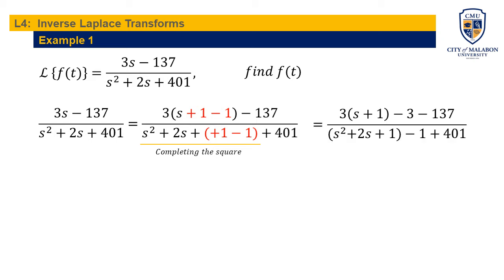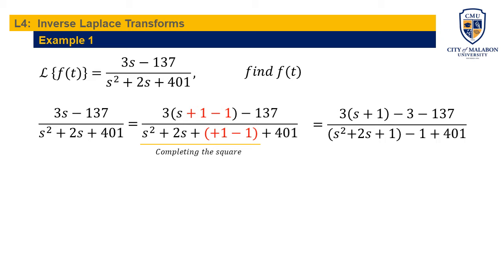Okay? So, sa pag-complete ng squares, i-simplify lang natin. So, anong nangyari dyan? We now have 3 times s plus 1 minus 3. So, dinistribute lang natin itong 3 sa mga term na yan at niwalay natin yung isang 3, yung negative 3. Bakit?